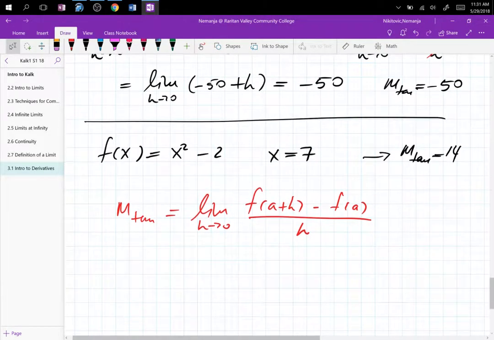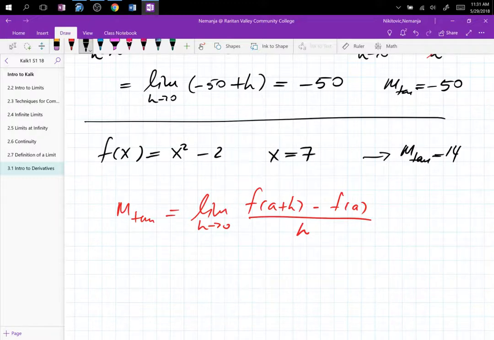So you know what? Let me just do this in general terms. Instead of having a, the point, let me put x, a point, right? And then just work through that.